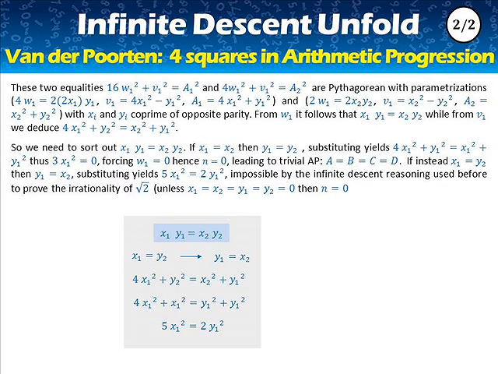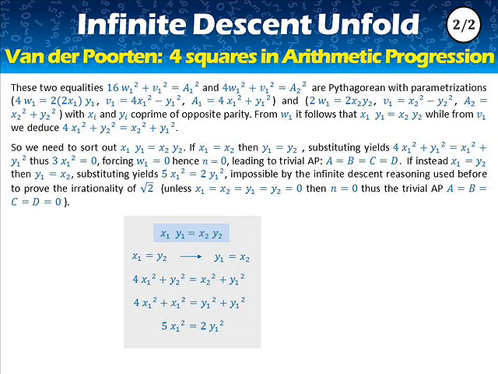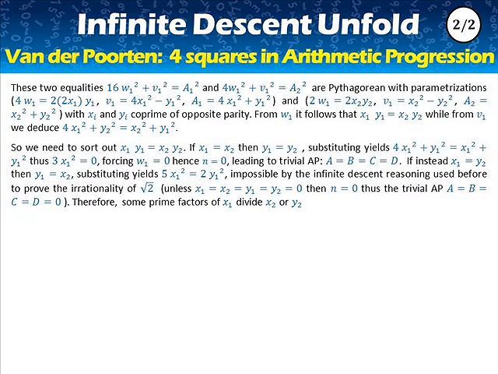Then n equals 0, thus the trivial arithmetic progression a equals b equals c equals d equals 0. Therefore, some prime factors of x₁ divide x₂ or y₂, and similarly for prime factors of y₁.